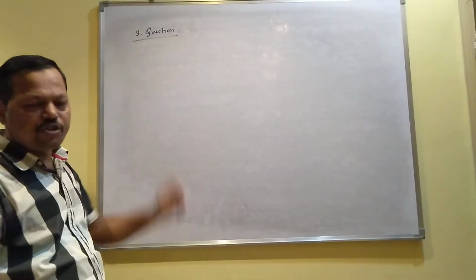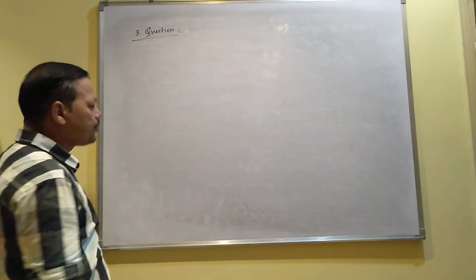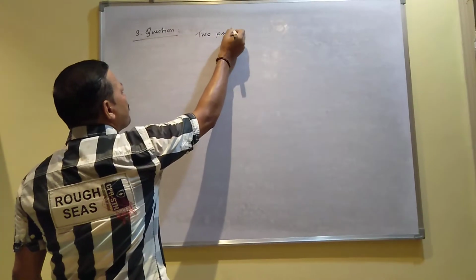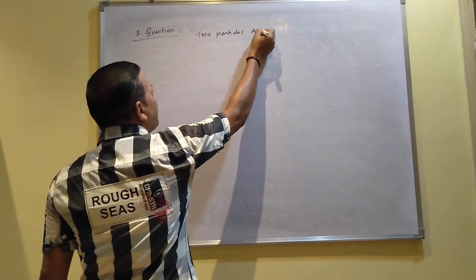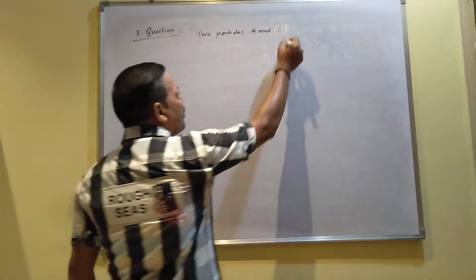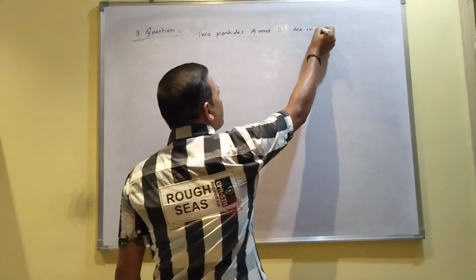This is question number 3. Another question. The question is: two particles A and B are in motion.